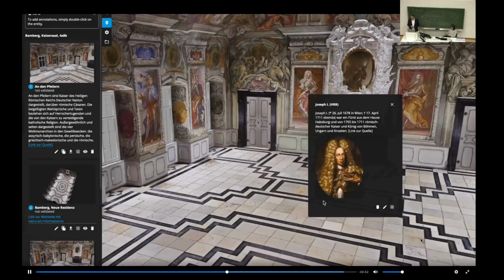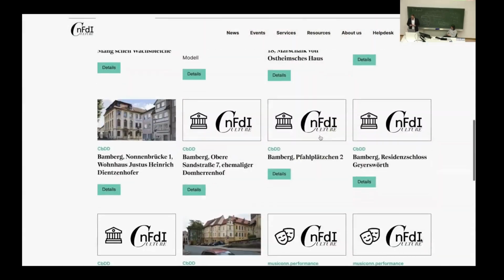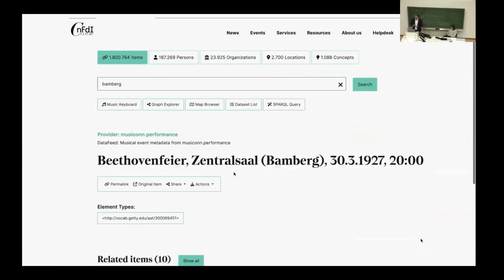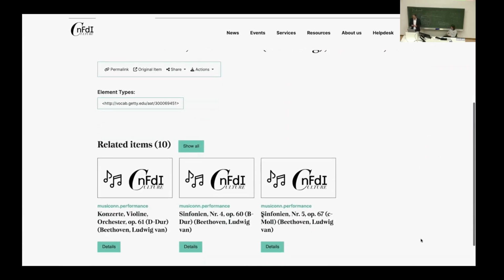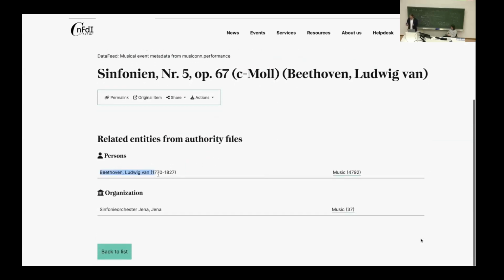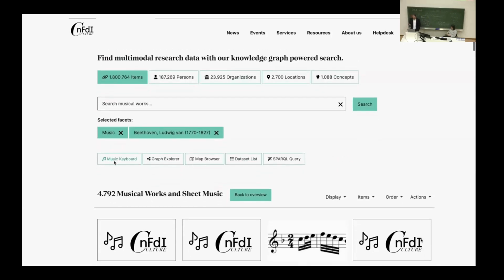It saves the annotation. But the true power of the knowledge graph comes from the federation. So here we are coming from a location and a 3D point model. Now we are coming to music and intangible cultural heritage. And of course, the whole thing that connects it are the persons, the authority data, like Beethoven.